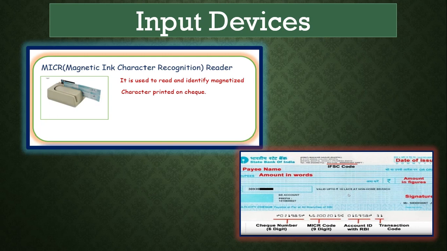For example, you can see at the last, the first 6 digits will show the check number, next is the MICR code, next is the account ID with RBI, and next is the transaction code. So these magnetized characters store different types of information.